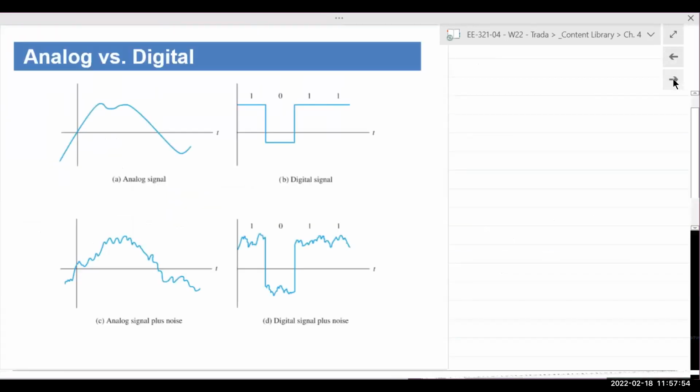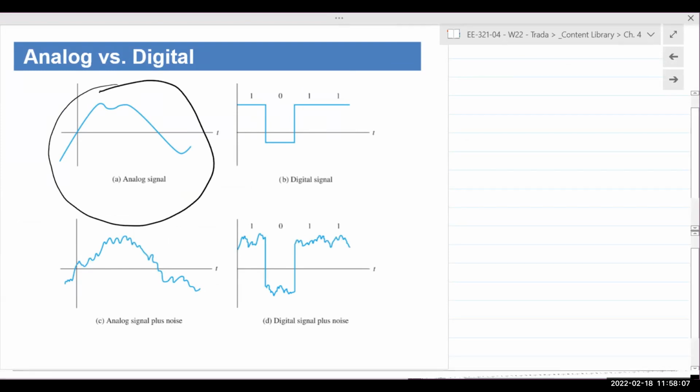Now, the advantages of digital signals. What is the advantage? Let's look at the left here. This is the analog signal, and let's say this is what we are trying to transmit, whether it's wired or wireless, it does not matter.